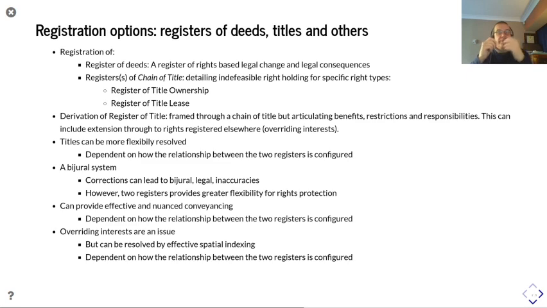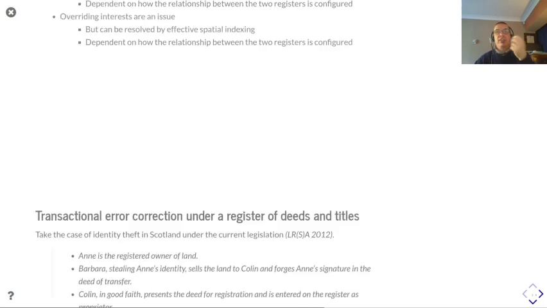It can provide effective and nuanced conveyancing, and once again, this is dependent on how the relationship between the two registers is configured. Overriding interests are an issue, but again, that can be fixed based upon this kind of effective spatial indexing. And there's more likelihood of it happening here because there is clarity between your principal title element and your register of deeds.